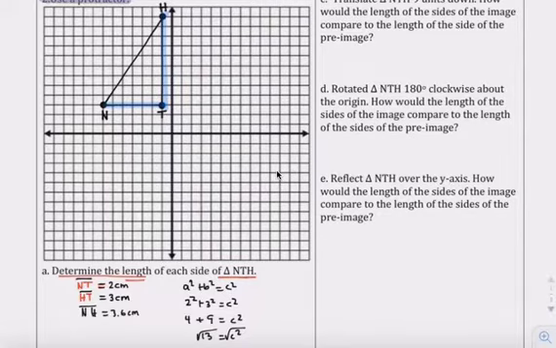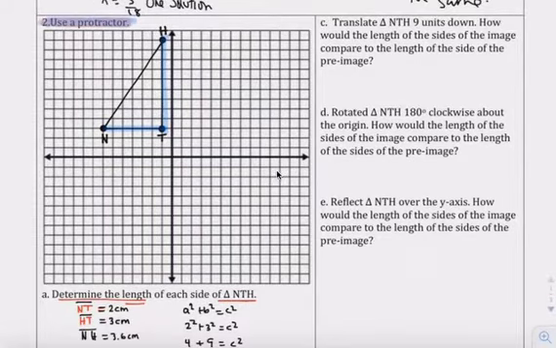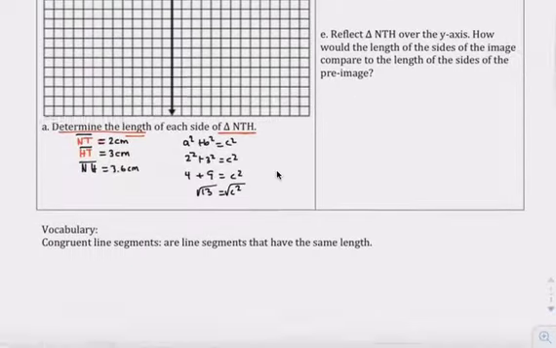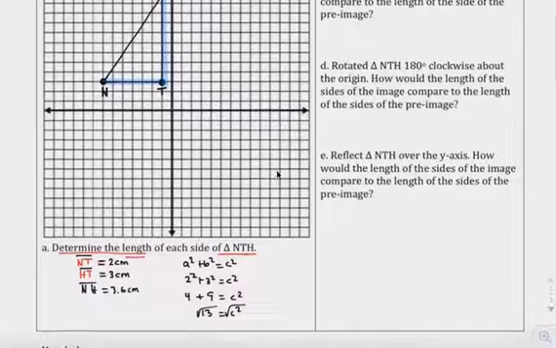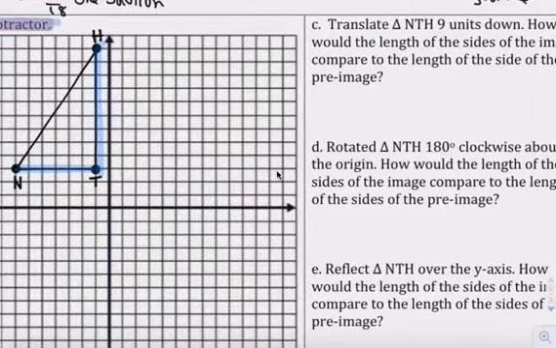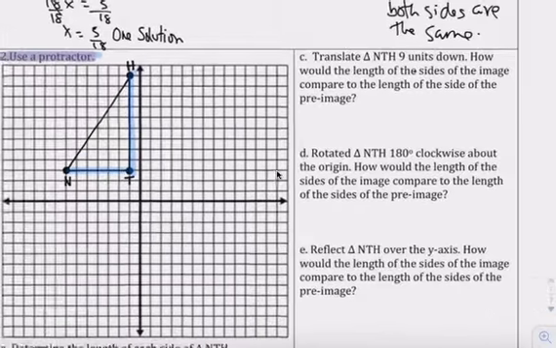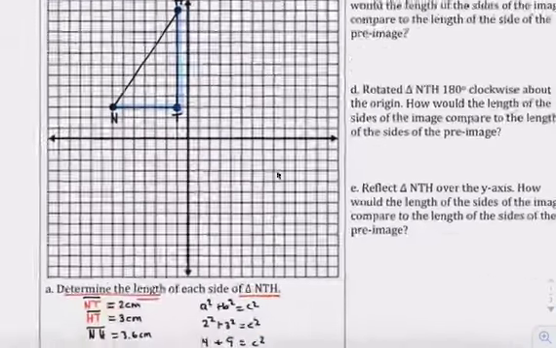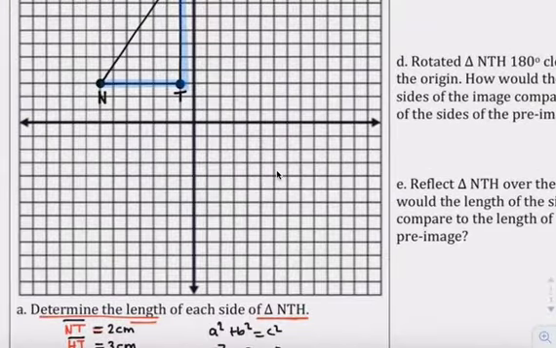Alrighty? Alright. So, translate. We measured it. Translate the triangle 9 units down. Go down 9. So each one goes down 9. 1, 2, 3, 4, 5, 6, 7, 8, 9.